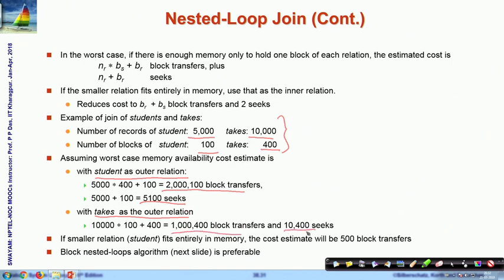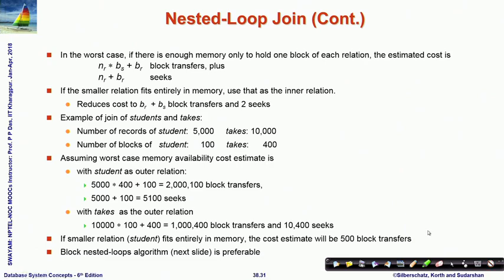If you make student the outer relation, you have a much larger number of block transfers, though fewer seeks. But using takes as the outer relation, you have far fewer block transfers, but more seeks. Usually seek is less costly than block transfer. So with this kind of statistics, if available, we will possibly take takes as the outer relation and student as the inner one.